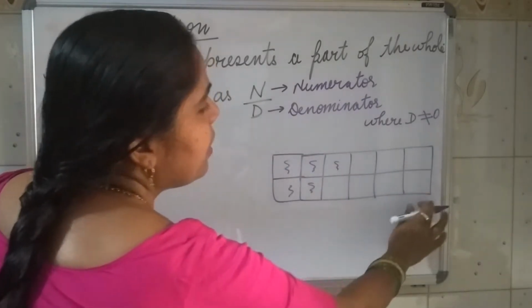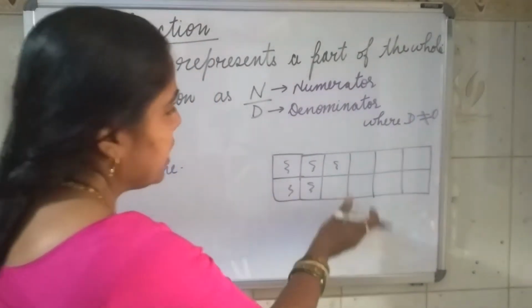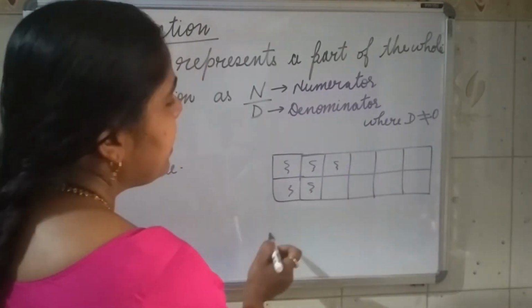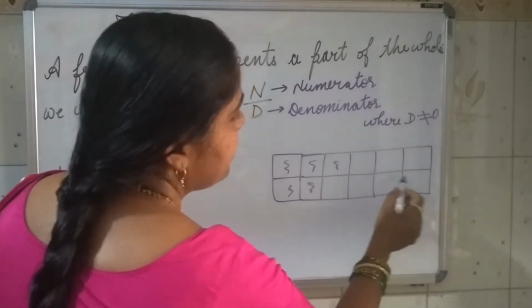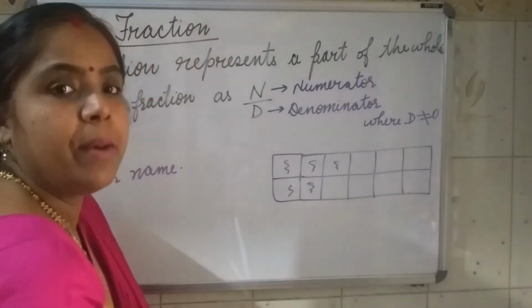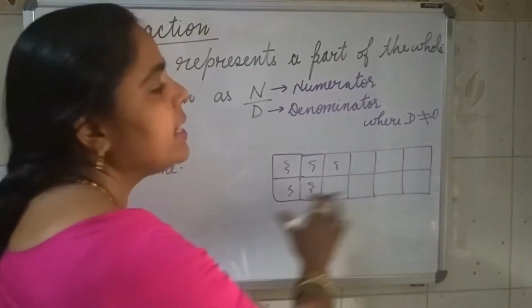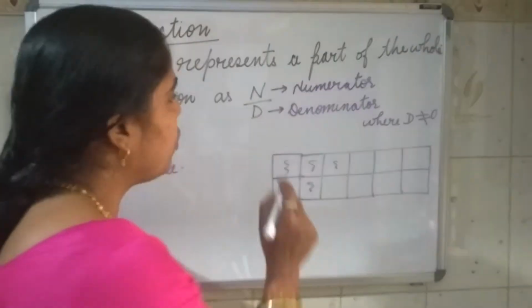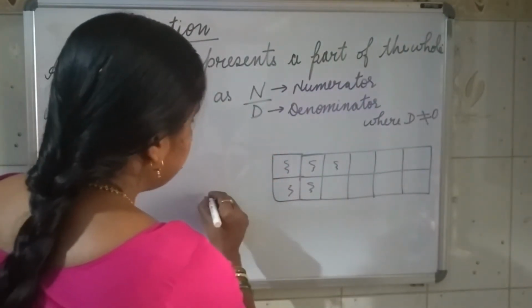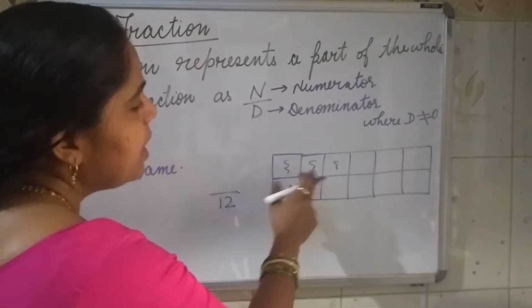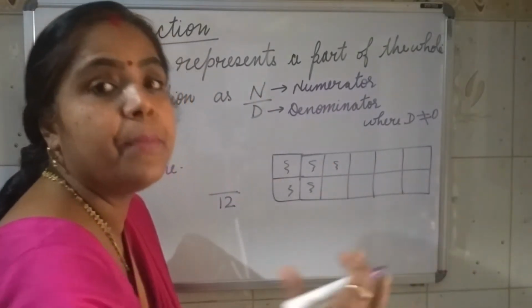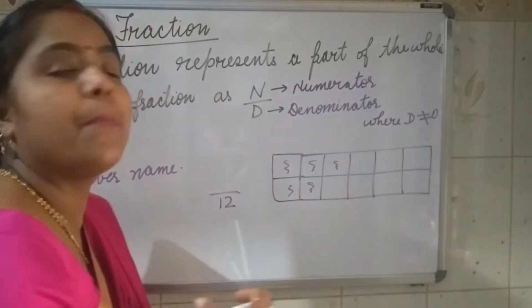If I have taken a whole, a piece of chocolate, and this chocolate is divided into 1, 2, 3, 4, 5, 6, 7, 8, 9, 10, 11, 12 parts, the total number of parts a whole is divided into is called the denominator. What is the numerator? The number of parts taken out, shaded, or left.